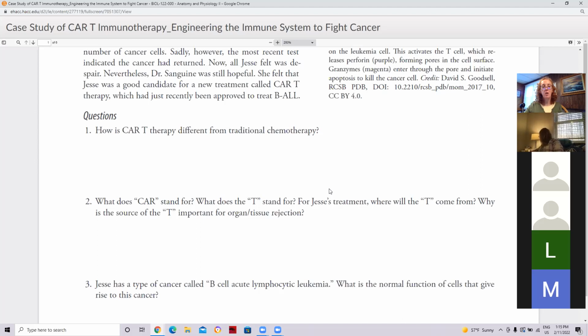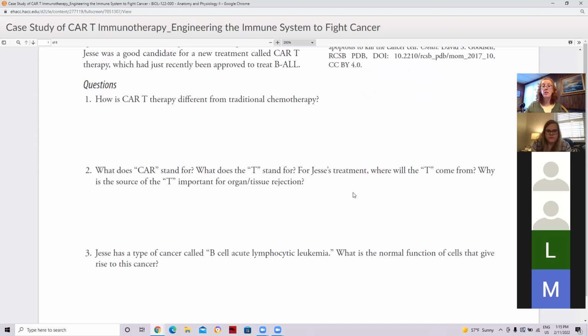Let me ask, where do you think those T cells are coming from? Look at what it says. For Jesse's treatment, where will the T cells come from? Where do they originate in the body?